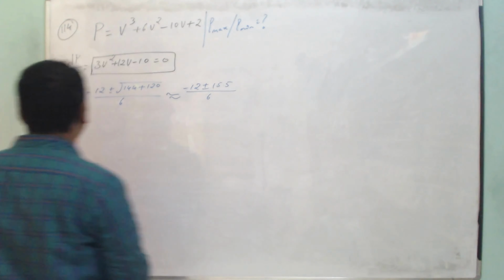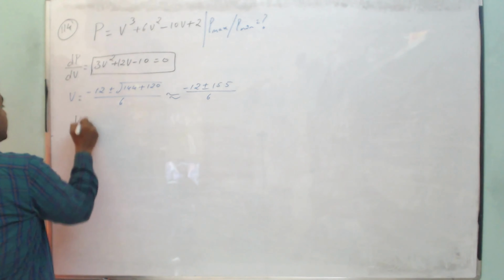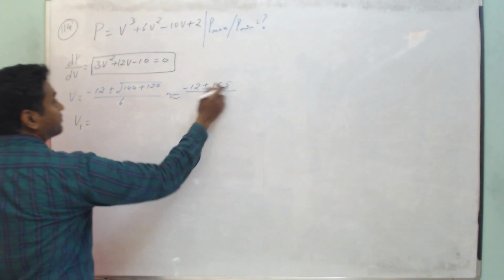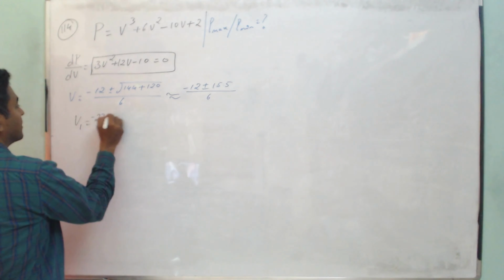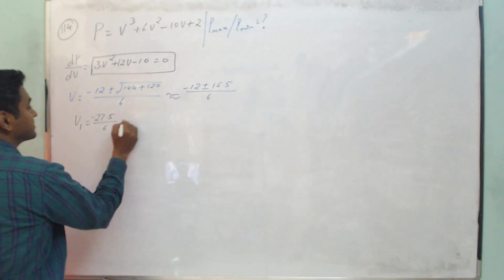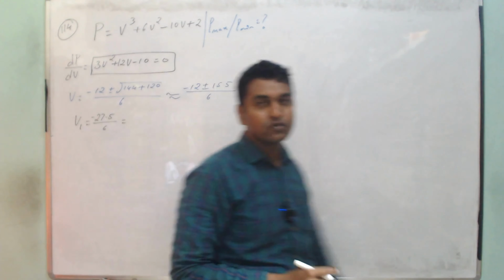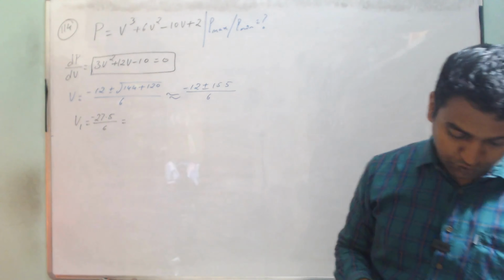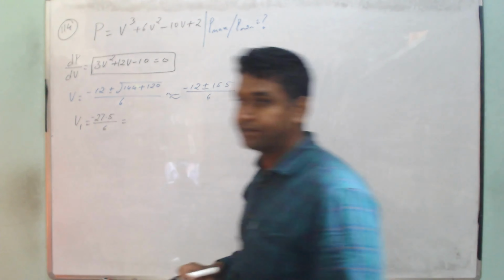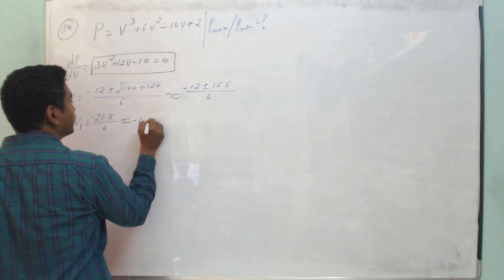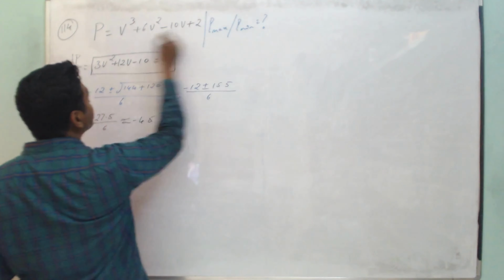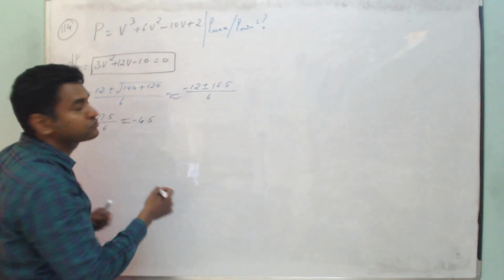Therefore, I will get two values of volume. One, V1, is equal to minus 27.5 divided by 6. 6 4s are 24. 6 5s are 30. So 4.5. So again, approximately minus 4.5. Whatever the units of volume are, I wanted to give the units also.